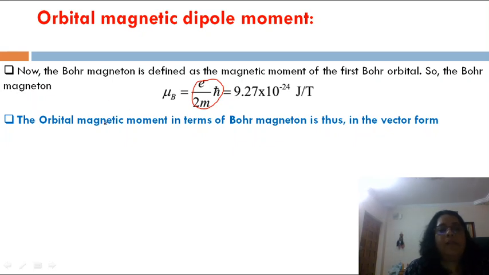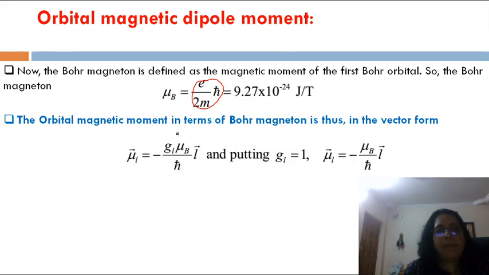So orbital magnetic moment in terms of Bohr magneton, if I substitute this value in orbital magnetic moment which we have studied, mu L is equal to minus e by twice m L. If I substitute e h cross by twice m as mu B, I bring h cross here, mu B by h cross is equal to e by twice m. So I substitute e by twice m in this formula.